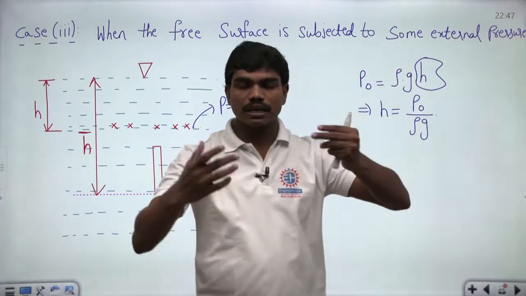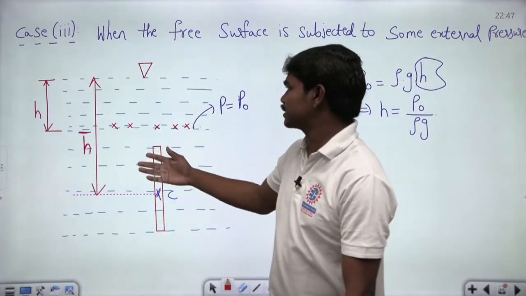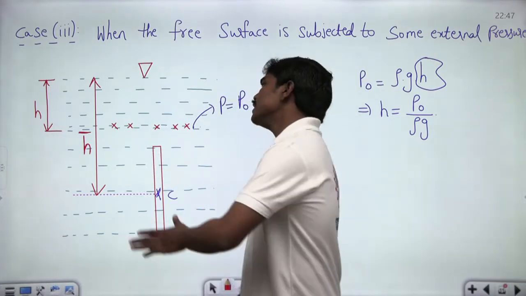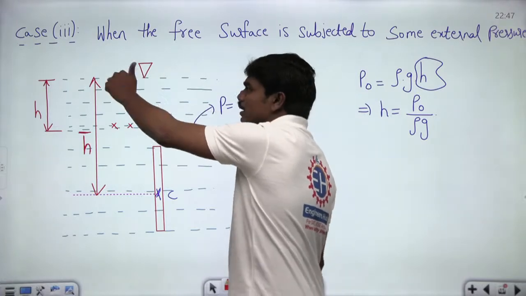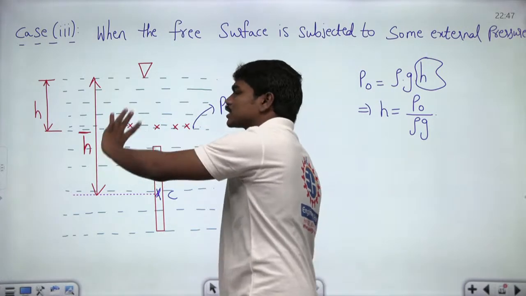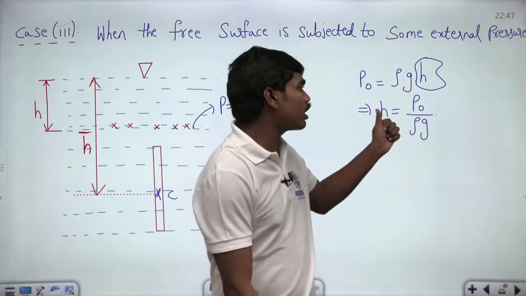But now if you have some excess pressure, or if there is some lower pressure, we will reduce the layer of this fluid in general. But in general, if some top layer of the fluid is subjected to some external pressure, then definitely you will add some excess column of fluid equal to P naught by rho g.